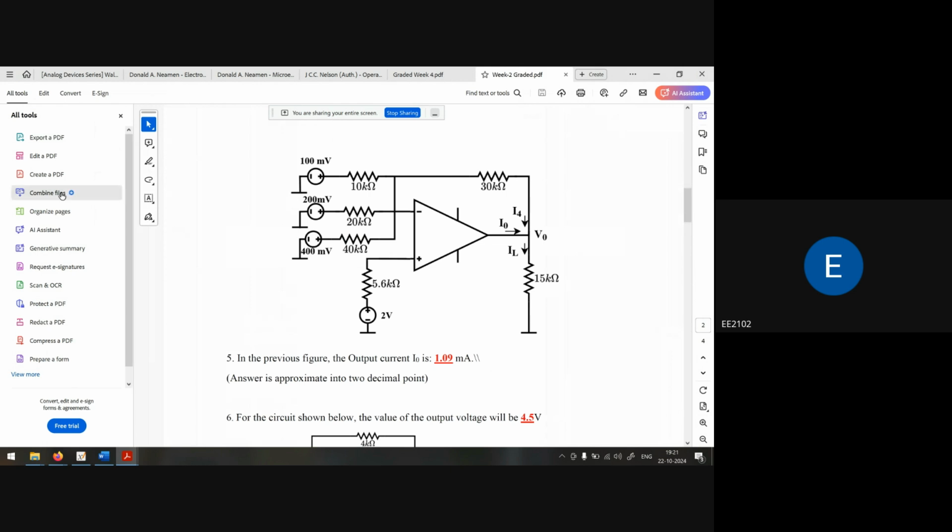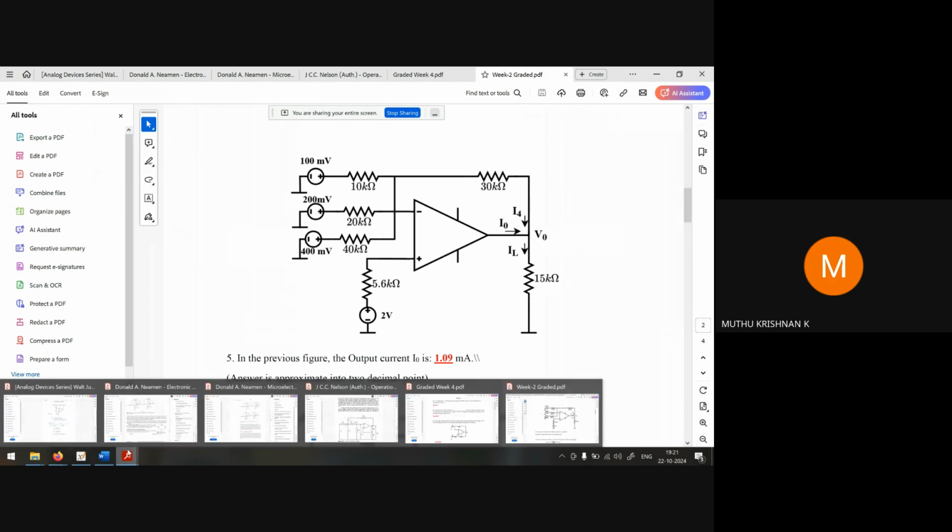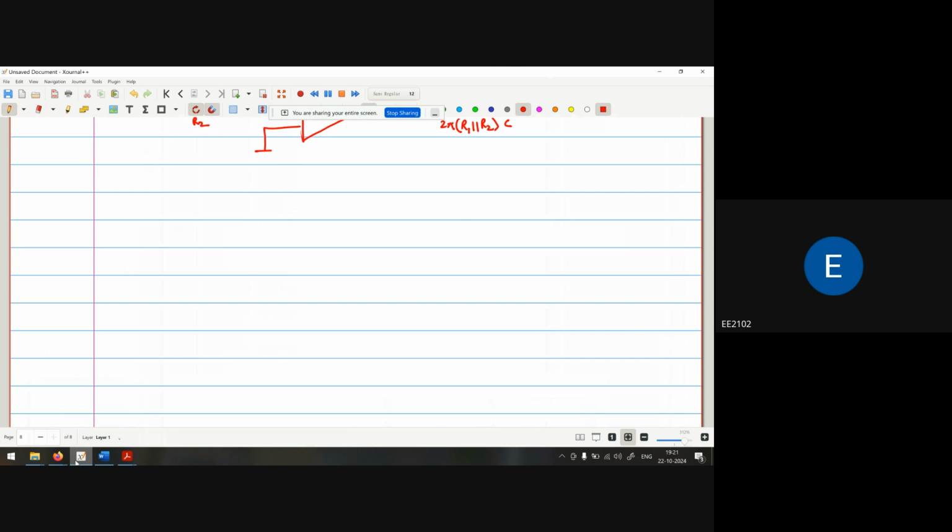Okay, so in the non-inverting terminal we have 2 volts. So in the inverting terminal also we should have 2 volts. Then we can apply KCL and figure out what current I4 will be. What is the current I4? Okay, let me draw it here, that is a better thing.